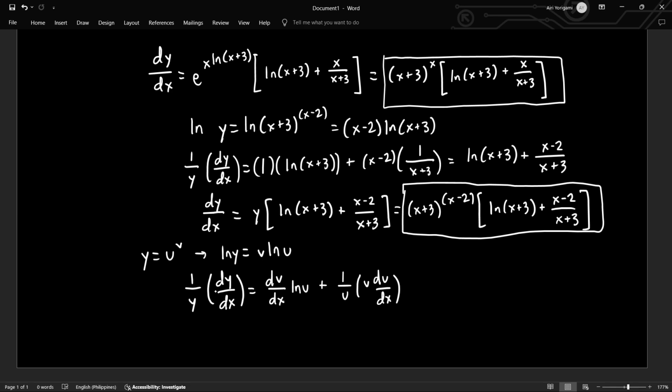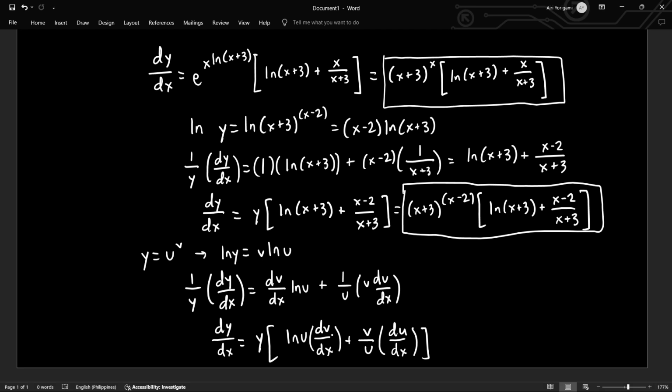So dy over dx is equal to y times the quantity ln u times the derivative of v with respect to x plus v over u times the derivative of u, that's supposed to be u, not v, the derivative of u with respect to x.